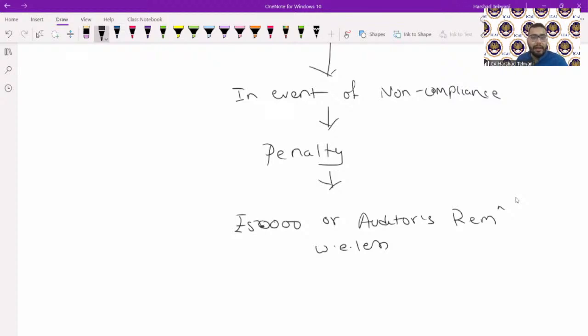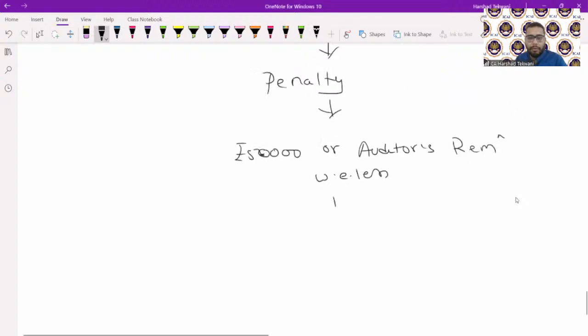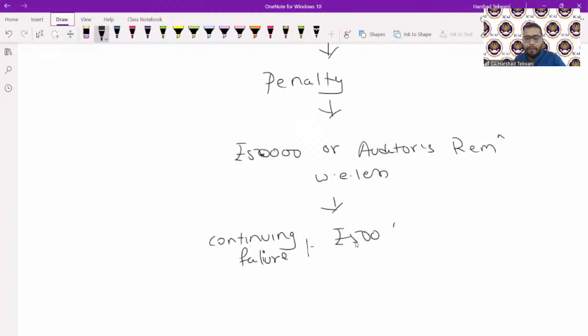Now let's say it's a continuing failure, not one time, but the failure is still going on for multiple days. Then in case of a continuing failure, it will be 500 rupees per day, with a maximum.